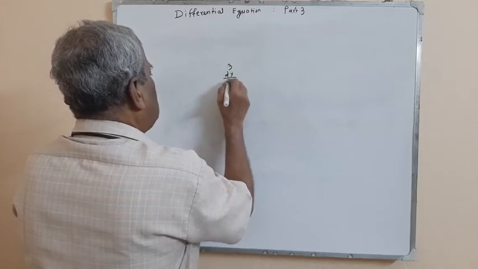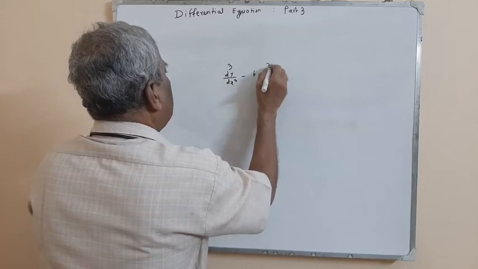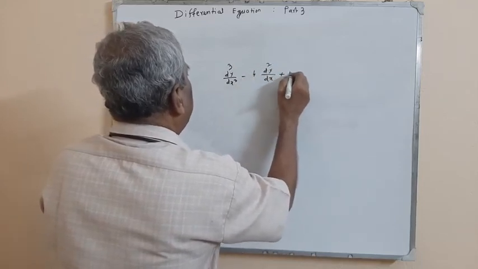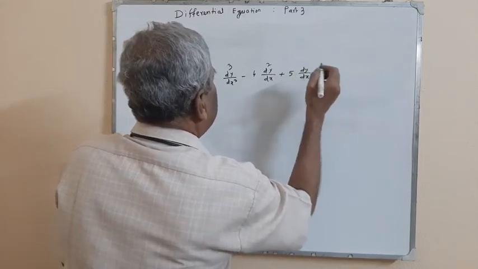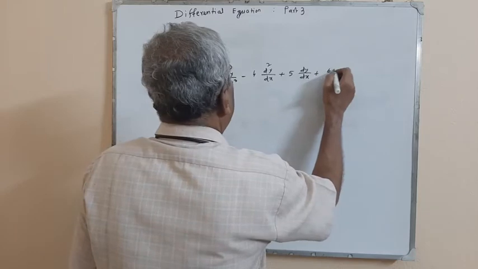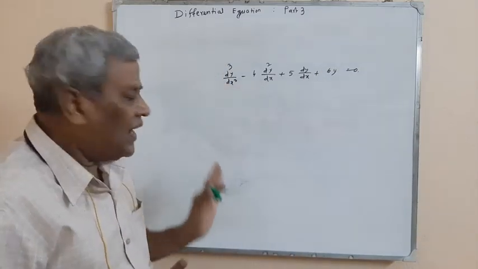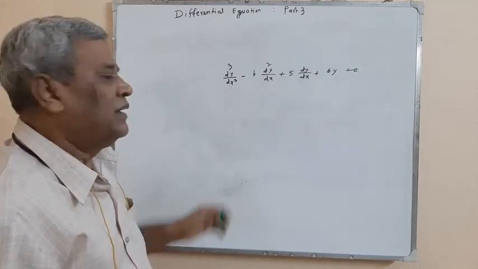d3y/dx3 minus 4 d2y/dx2 plus 5 dy/dx plus 6y is equal to 0. This is third order and linear.